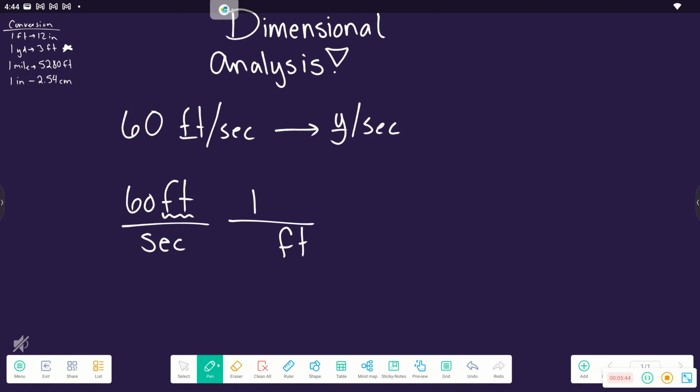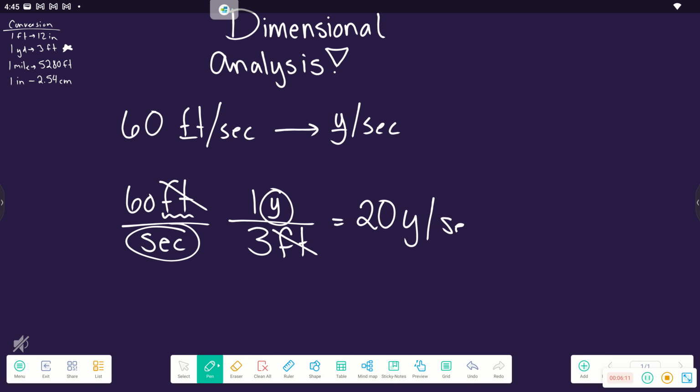I have 1 yard is 3 feet. So now my feet cancel out. I can complete my work by putting it in a calculator, and we get 20, and then I'm going to use my remaining units. Now you always go numerator over denominator, so yards per second. Another fairly simple one, but just being very, very careful of where those units are. Are they in our numerator or are they in our denominator?